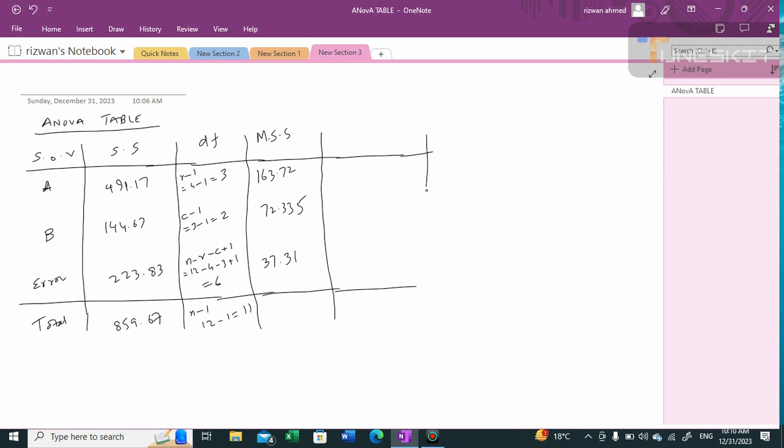Now we compute F ratios for the two factors respectively. F value for factor A can be computed as 163.72, which is this one, divided by this 37.31. And the answer is 163.72 divided by 37.31 gives us 4.388.